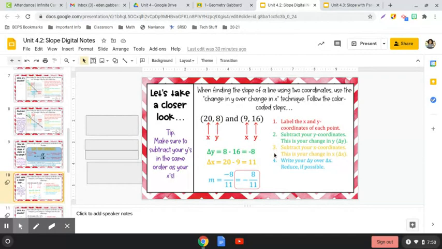Subtract your x coordinates to get the change in x. And write your slope as change in y over change in x. And if you can reduce the fraction, reduce it if possible. This slide with the steps to find slope given 2 coordinates is in unit 4.2 digital notes. It's slide 10.